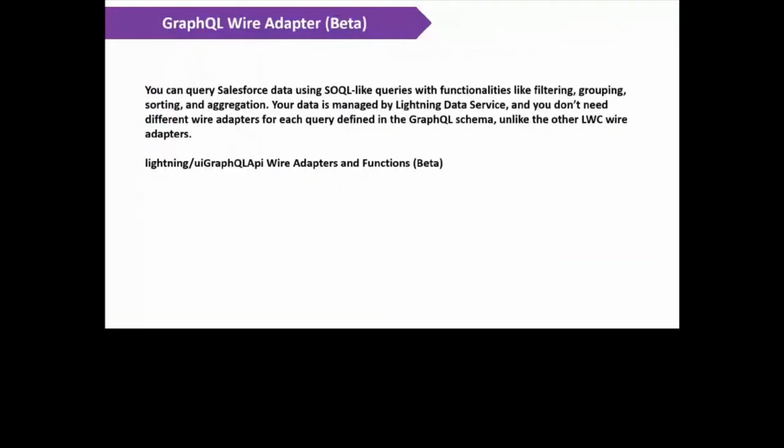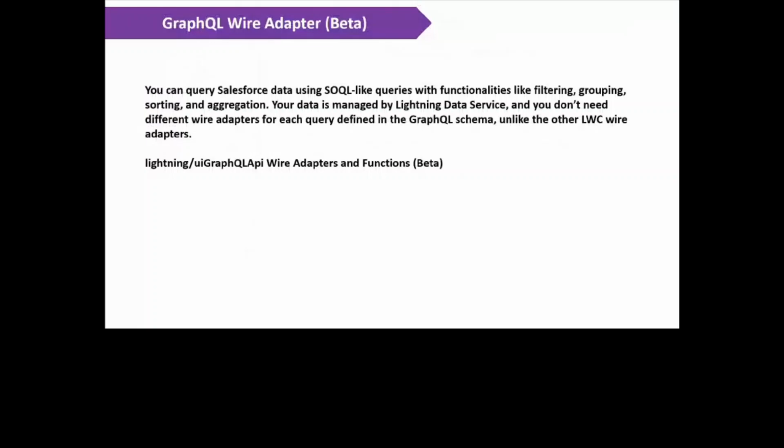GraphQL wire adapter. Using this feature, you can access the GraphQL API schema in your Lightning Web Components. This GraphQL API schema enables UI API supported objects with object level security and field level security for the current logged-in user, and it supports pagination. You can access data by using queries with functionalities like aggregating, filtering, and grouping.